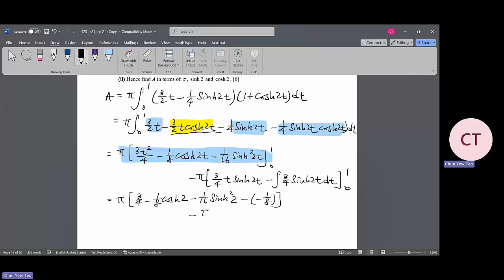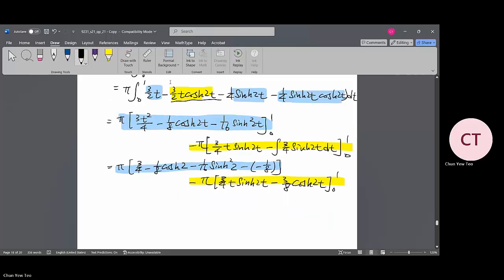Then for the integration by part side, let me just continue to integrate. You get 3/4 t minus the sine 2t, minus the 3/8 cos 2t from 0 to 1. This will be the integration by part side.